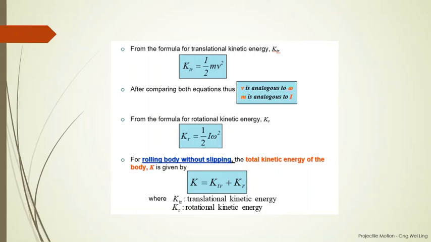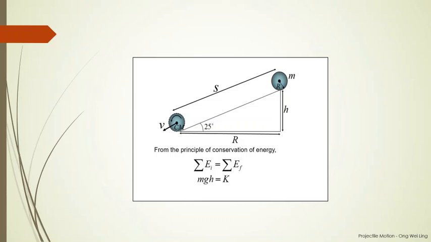For a rolling body without slipping, the total kinetic energy K equals KTR plus Kr. From the principle of conservation of energy, the sum of E initial equals the sum of E final. E initial, mgh, equals E final, K.